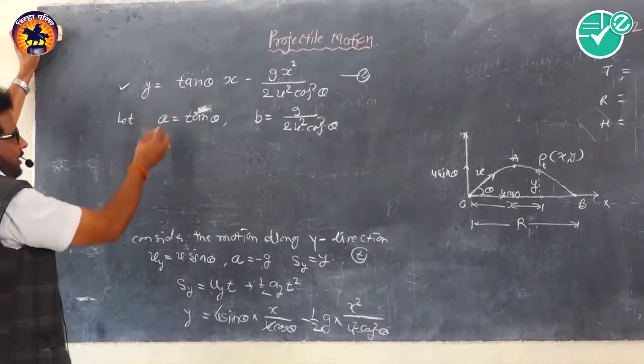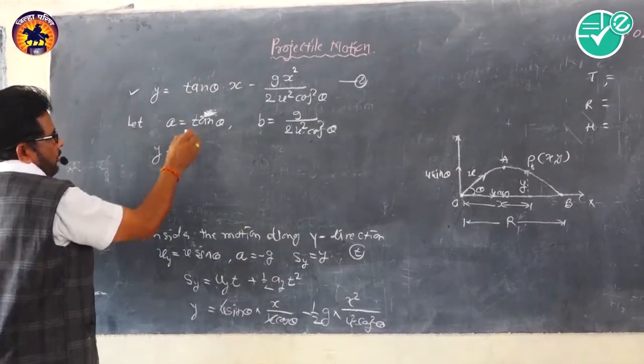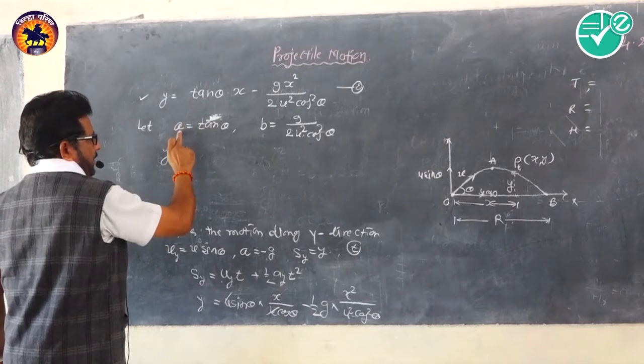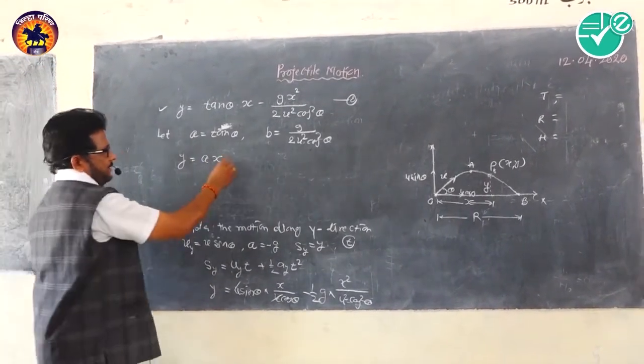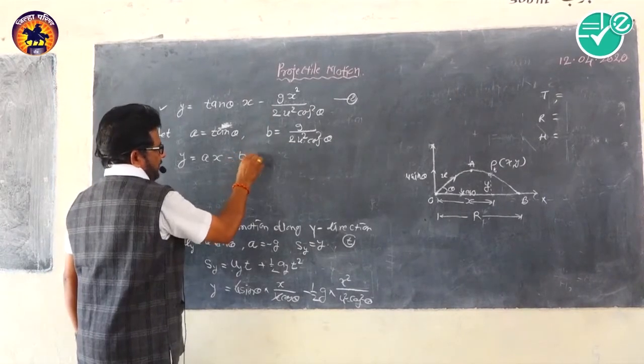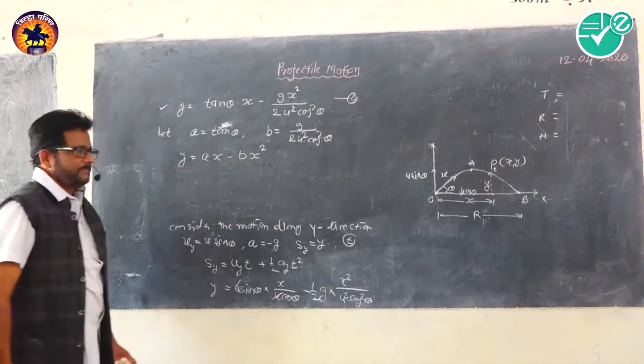If we put these values here, we get y is equal to a x minus b x square.